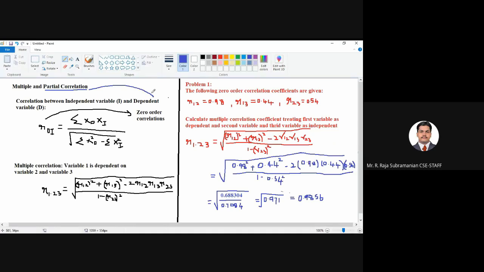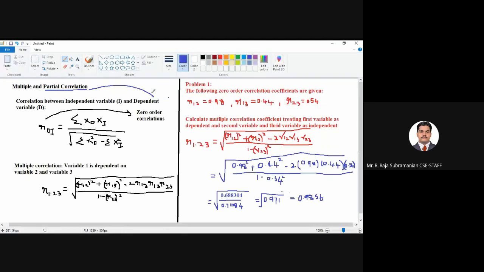If I want to neglect temperature, I have to make it constant because I don't take it into account in my equation. I'm going to predict rainfall only with humidity. Then it is not a zero order correlation, because one variable is made constant. I will call it a single order correlation.